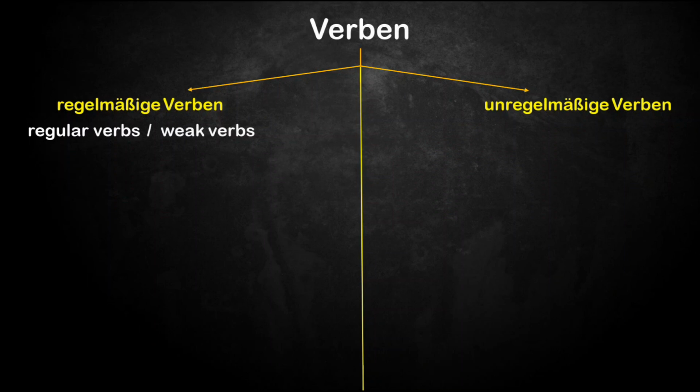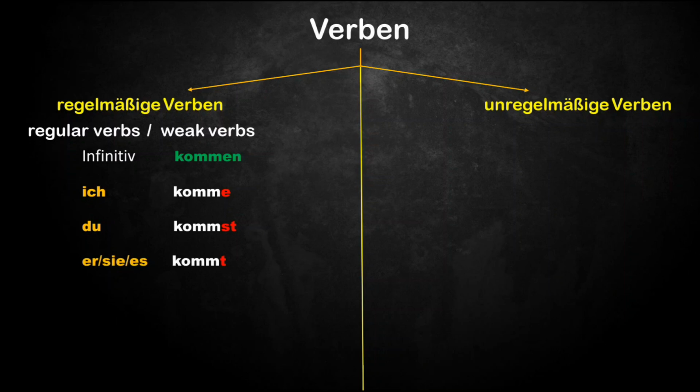The first example is the infinitive form of the verb kommen, which means to come. Now you see the verb is still in infinitive form and we will conjugate it now. First person: ich komme. Second person informal: du kommst. Third person: er, sie, es kommt. Plural: wir kommen.